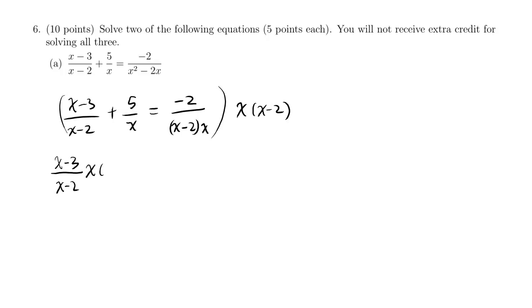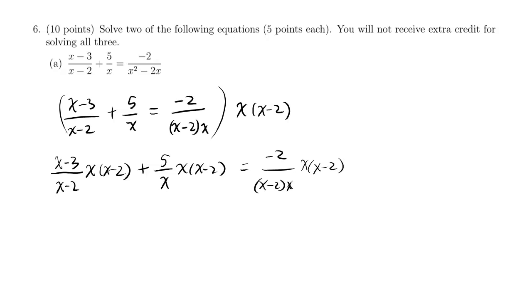Okay, so x times x minus 2, 5 over x, x times x minus 2, negative 2 over x minus 2 times x, x times x minus 2. See what I did? I multiplied x times x minus 2 to every term that you see here. This x minus 2 will cancel. x and x will cancel, and both of them will cancel.